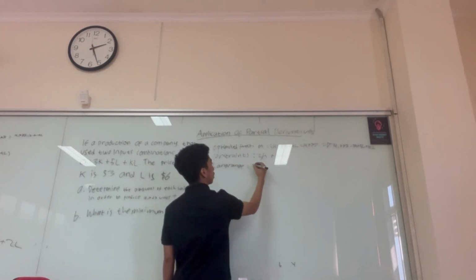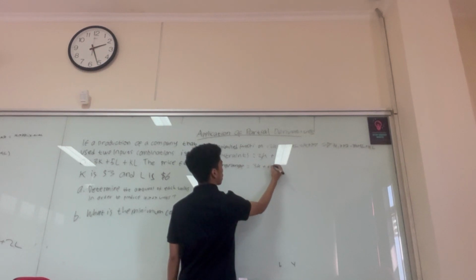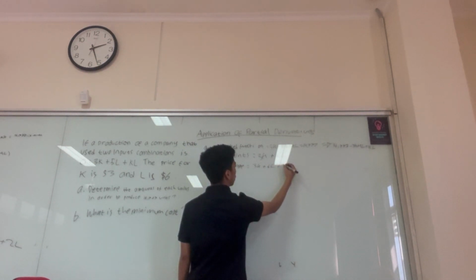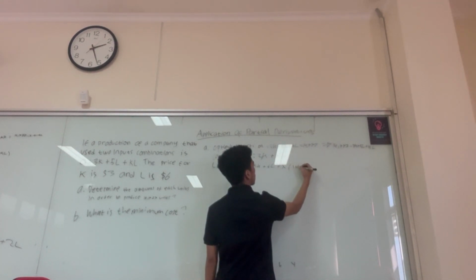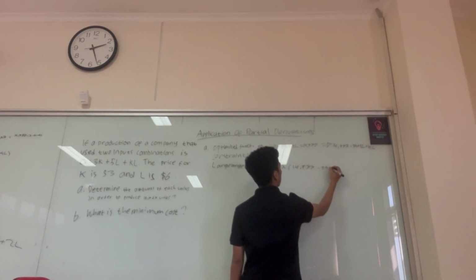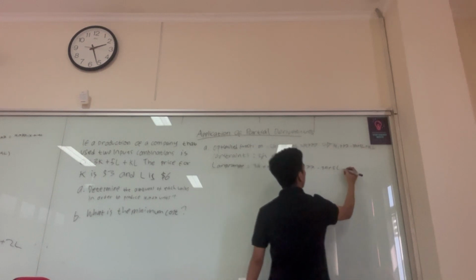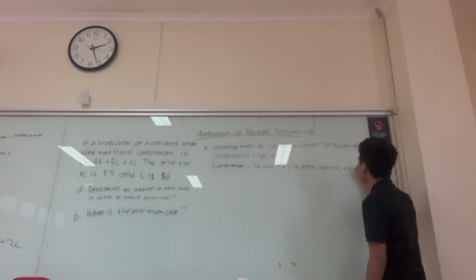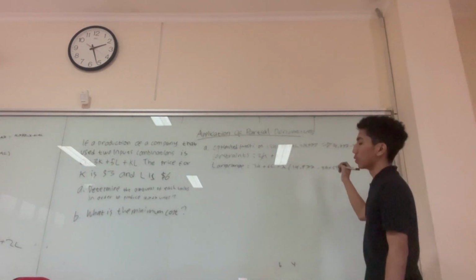So it's 3K plus 6L plus lambda times the optimized function. Okay, so this is what we got.